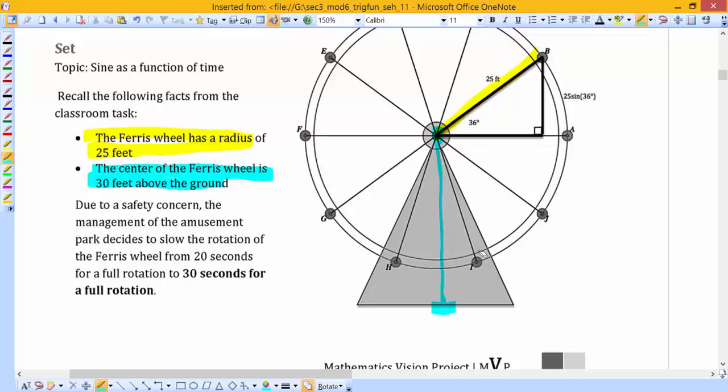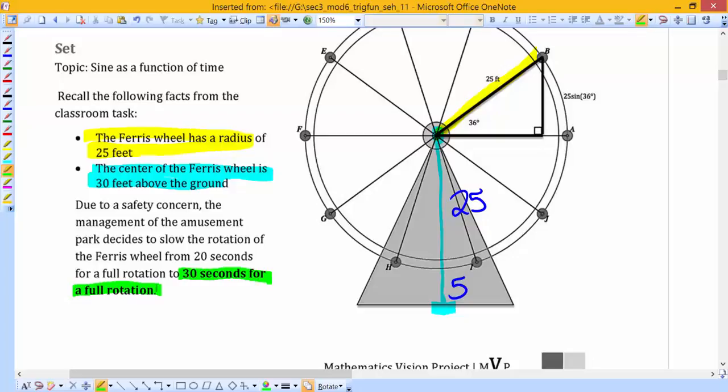Let me actually not use the highlighter. So this would be 25, but here would be 5. So to write my equation for this, I need to, sorry guys, there's just a lot of noise going on around, just ignore it. I need to pay attention to how fast the Ferris wheel is spinning around in a circle, so I can figure out the height for a certain time.